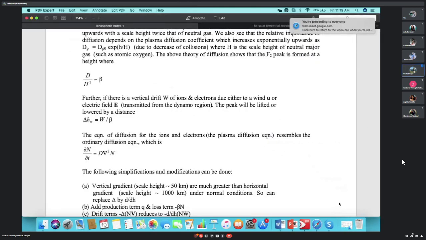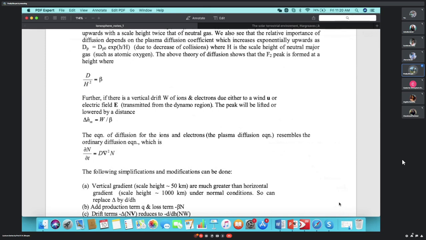So what we see is the peak of the ionosphere, that means the F2 region peak, maybe the peak height, not the peak density. The peak height can be changed by wind flowing from one direction to another, or by the electric field.